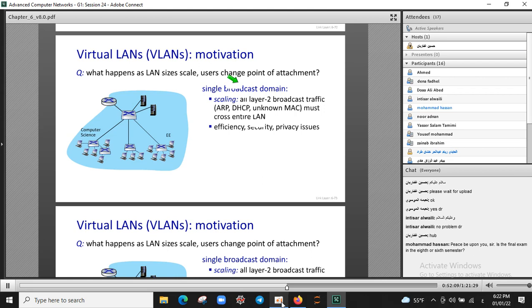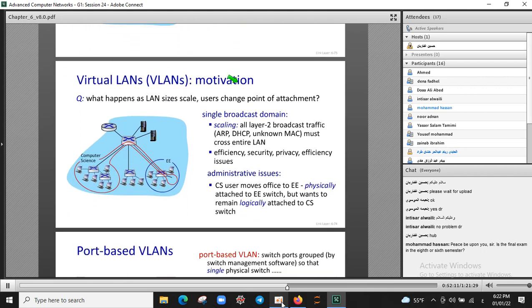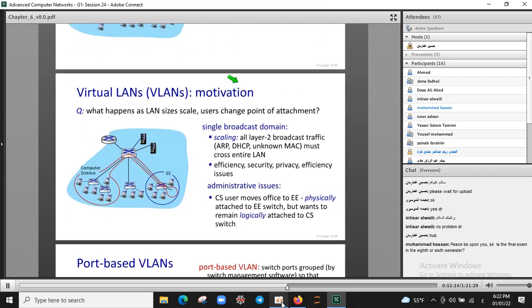What can we do? In this case, we can use VLAN or virtual LAN. A VLAN, or virtual LAN, is a logical concept. It means that I am creating a LAN logically.